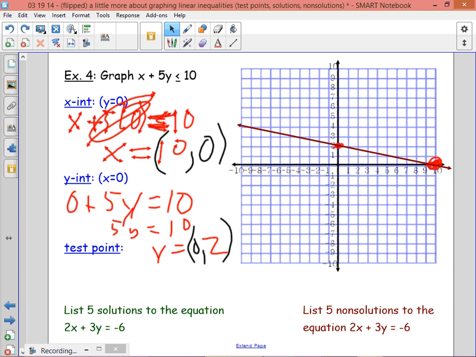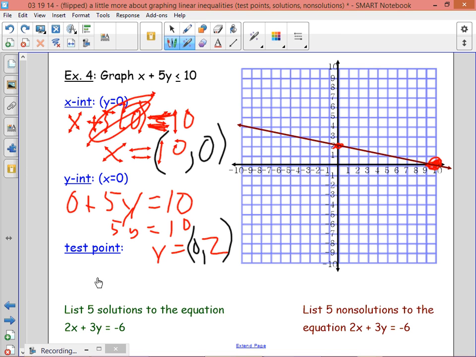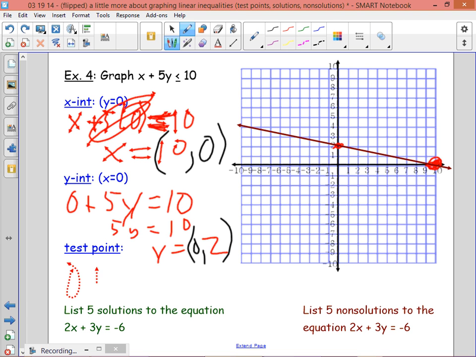Now I need to figure out which side to shade. Use my test point of, once again, (0, 0). I get 0 plus 5 times 0 is less than or equal to 10.